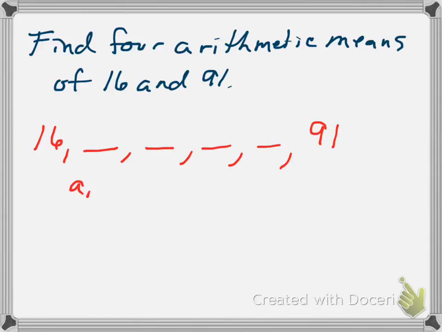So what we're going to do is take our recursive formula and fill in numbers for everything except D, because we don't know what to add to 16. If we knew what to add to 16, we would just add it and be done. But we should be able to fill in numbers for the first term and the last term and the number of terms.